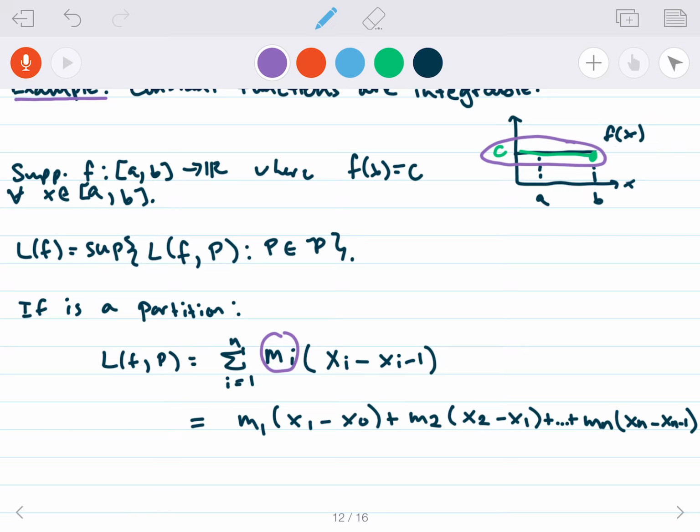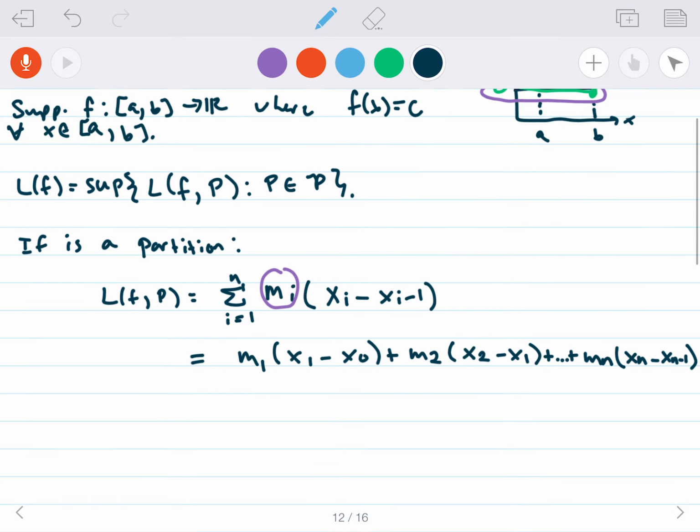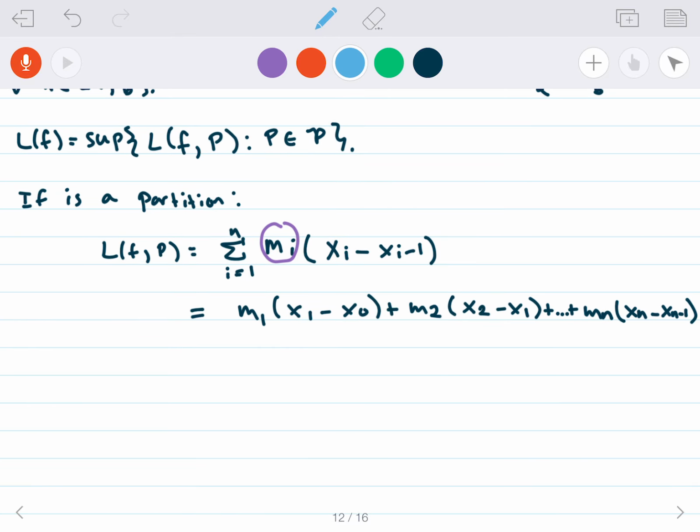There's nothing that is smaller than c on any subinterval, okay? And so the point is that we can sub in all of these infimums with c, and when I do that, I can pull out a c. These are all equal to c, and now I have this telescoping sum where a bunch of stuff cancels.